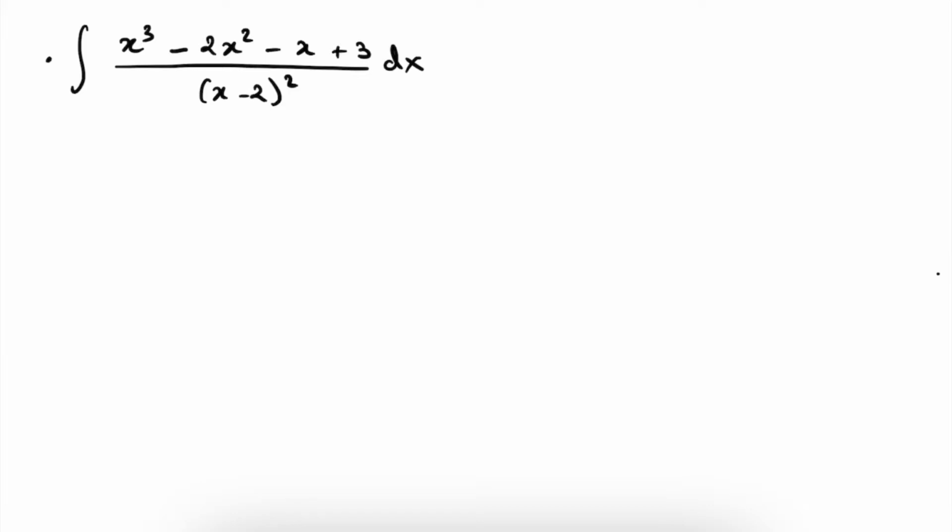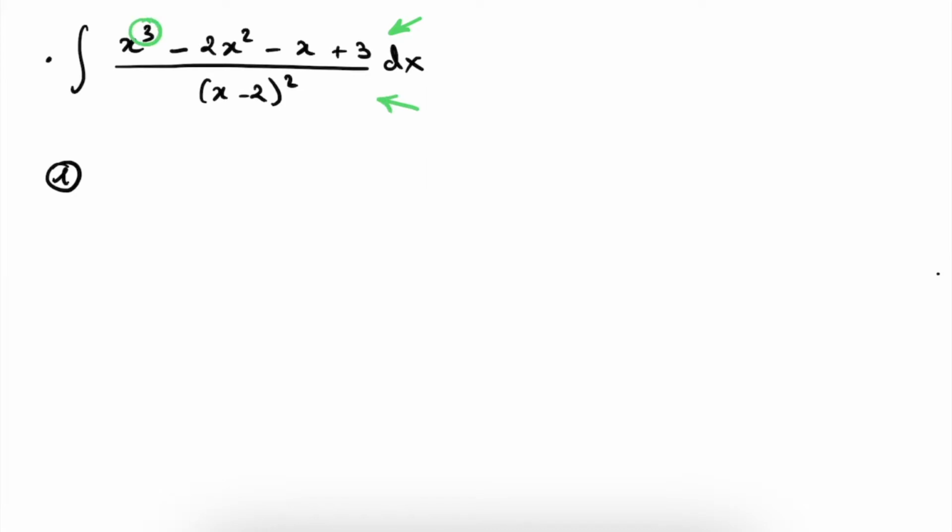So we have the integral of x to the power of 3 minus 2x squared minus x plus 3 divided by x minus 2 squared dx. And this is our original integral. Again, the first step is to check the degree of the polynomial in the numerator and in the denominator.